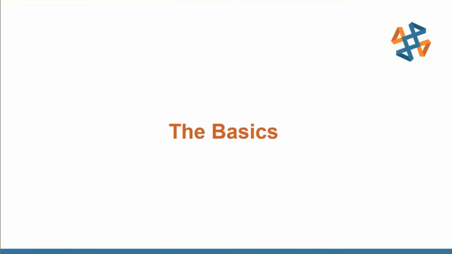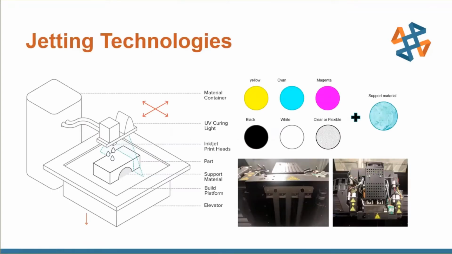Starting with the basics, I did want to cover just how the technology works. PolyJet is a photopolymer jetting technology that uses a photoreactive resin that gets selectively deposited one layer at a time. Very similar to a 2D color printer, we have droplets that are actually volumetric droplets.